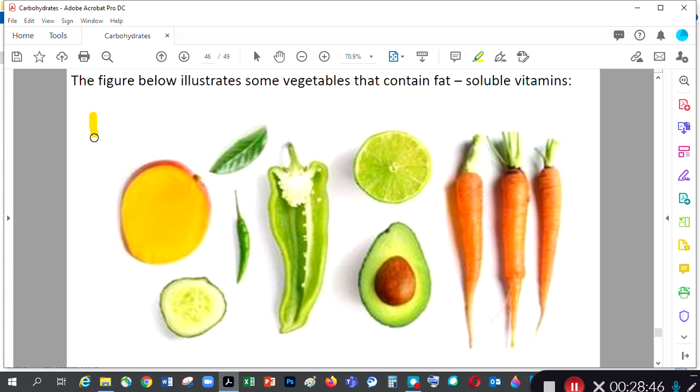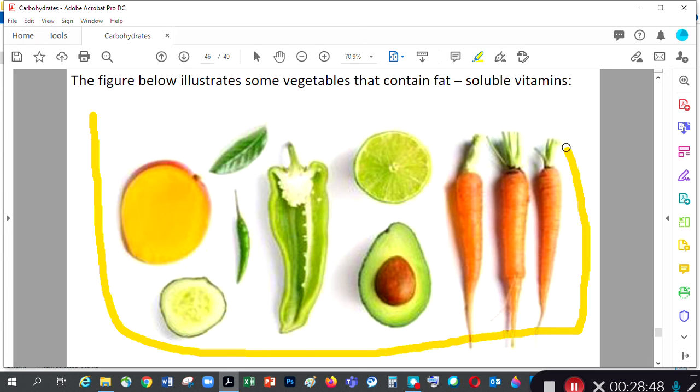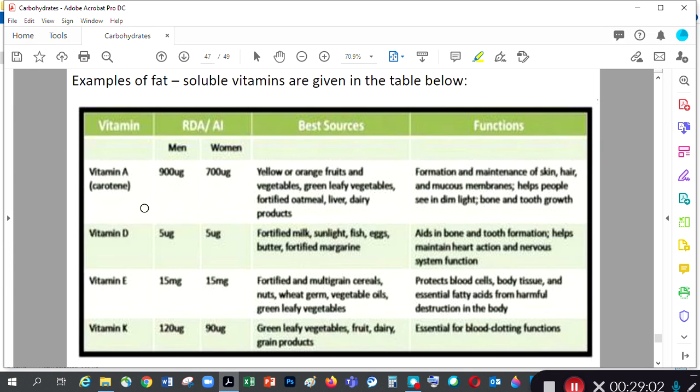Here are all these veggies full of fat soluble or water insoluble vitamins: A, D, E, and K. Four of them. So let's look at vitamin A. Carotene, correct?